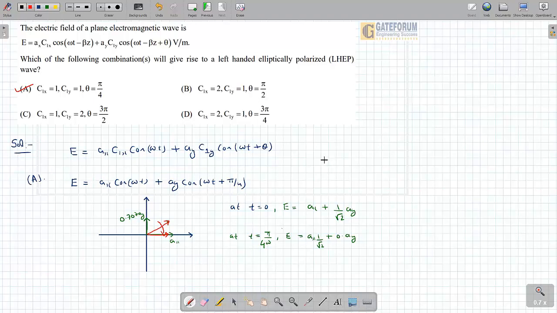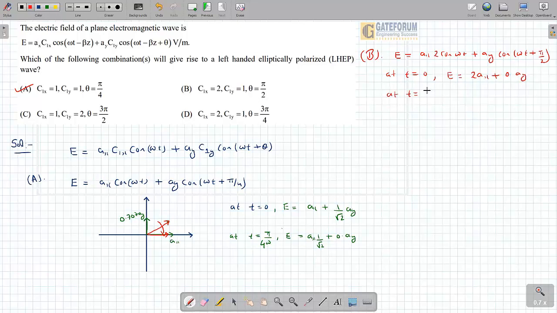Now coming to option B. I will directly write E is 2 Ax cos omega t plus Ay cos (omega t plus pi by 2), right? So at t equal to 0, the electric field equation will become 2 Ax cos pi by 2 is 0, 0 Ay.